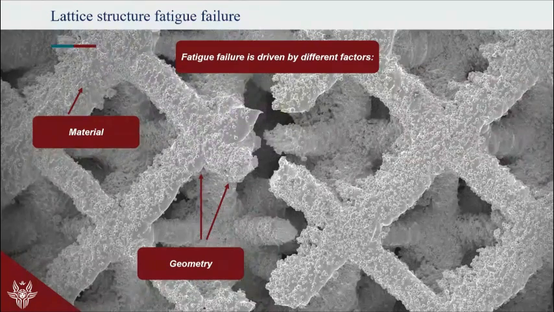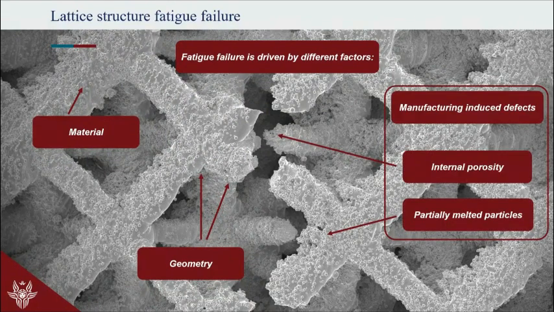This is a very important topic because the topology of the lattice structures really drives the concentration of stresses. And this can be true when we consider, let's say, a geometrical feature like truss and nodes in this case. But this is also true for the geometrical detail of manufacturing-induced defects.